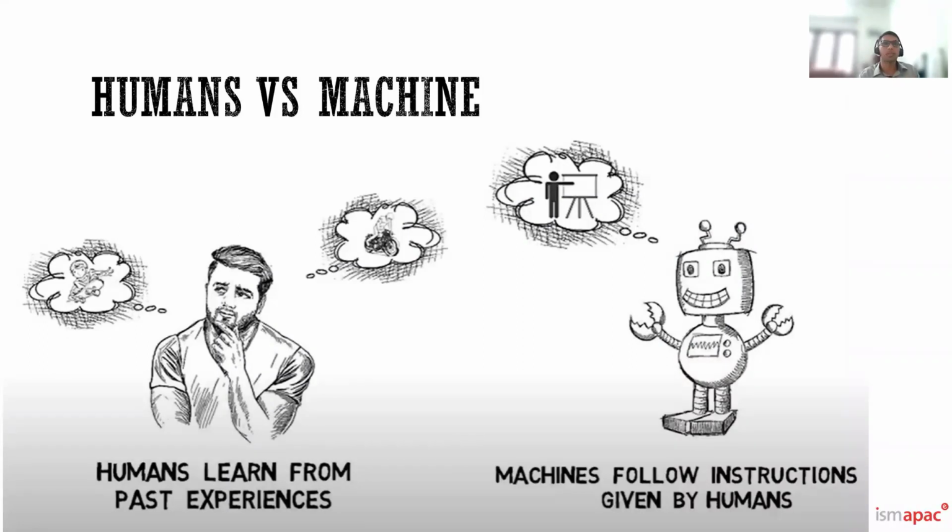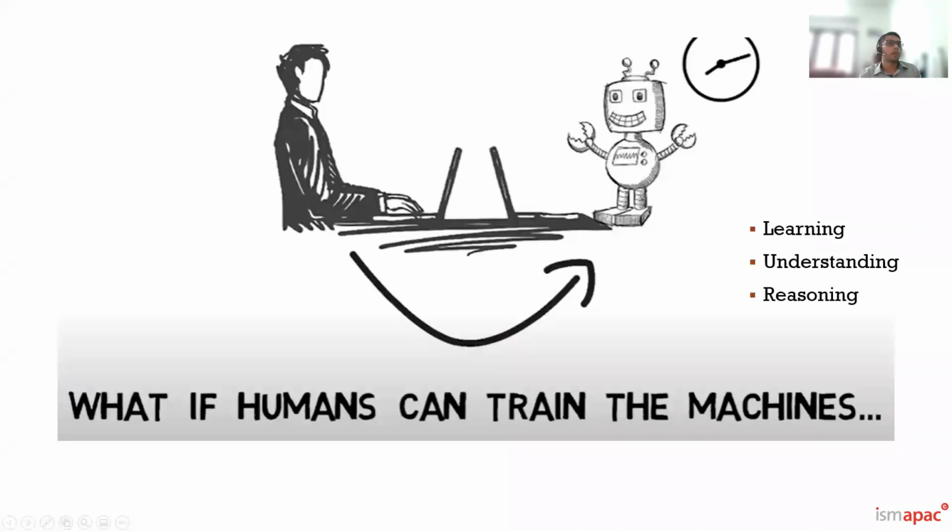We give some instructions: if this happens, do this; if scenario B happens, do something else. So they are very limited to the instructions that we give, like a washing machine or a TV. So what if we humans can teach these machines to learn things, to understand things, to understand reasoning, to mimic a human being? That's where we get into machine learning.